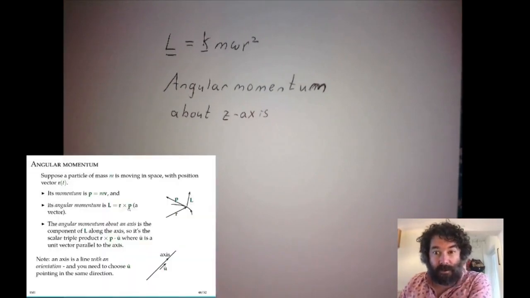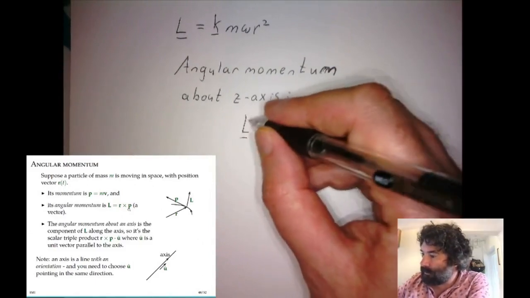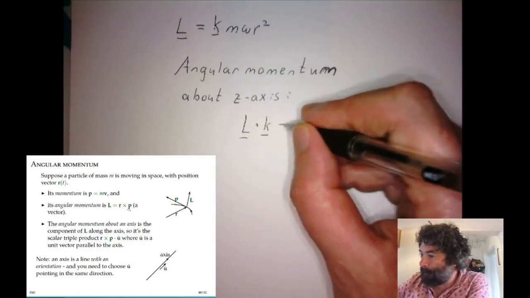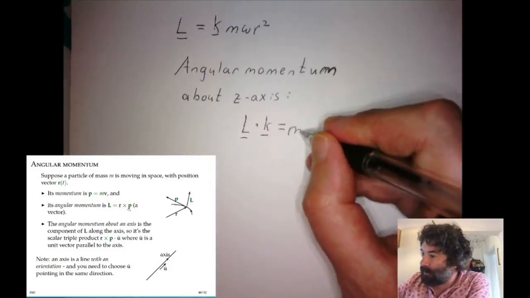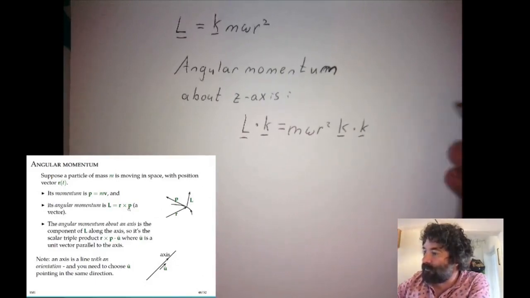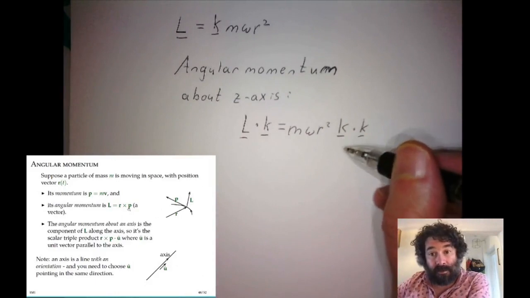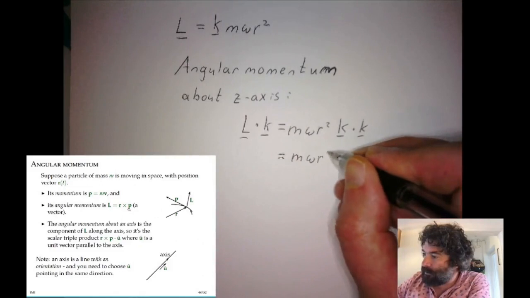The angular momentum about the z-axis was the angular momentum dot product with the vector parallel to the z-axis. Now, the vector parallel to the z-axis is k, and so the angular momentum about the z-axis is L dot k, and so this is m omega r squared, k dot product with itself. That's the magnitude of k squared, which is equal to 1. So this is just m omega r squared.